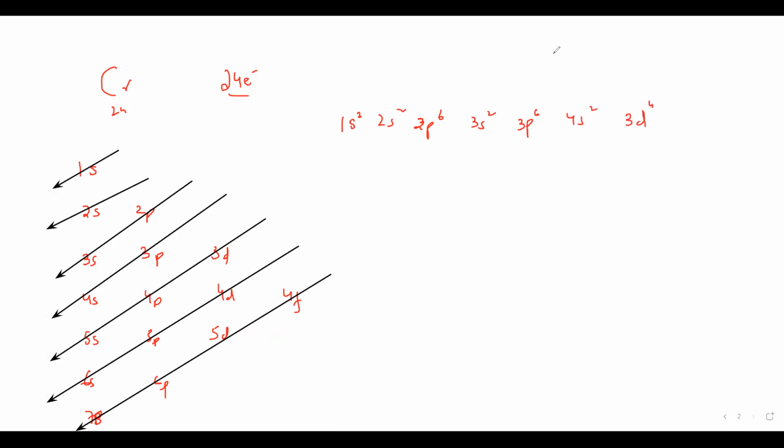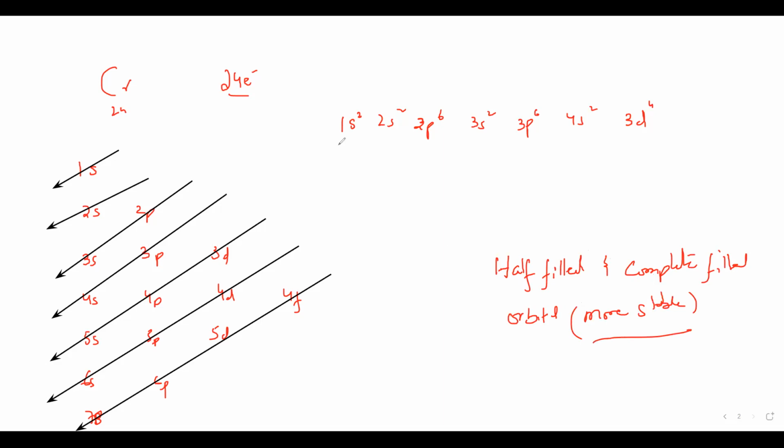Now when we write 3d4, there is one thing that happens: when we have half filled orbitals and completely filled orbitals, they are more stable. So if you have a half filled orbital or a completely filled orbital, they are more stable.